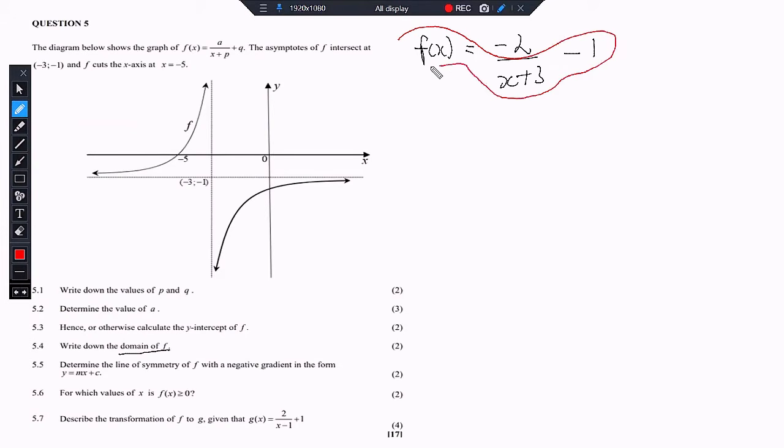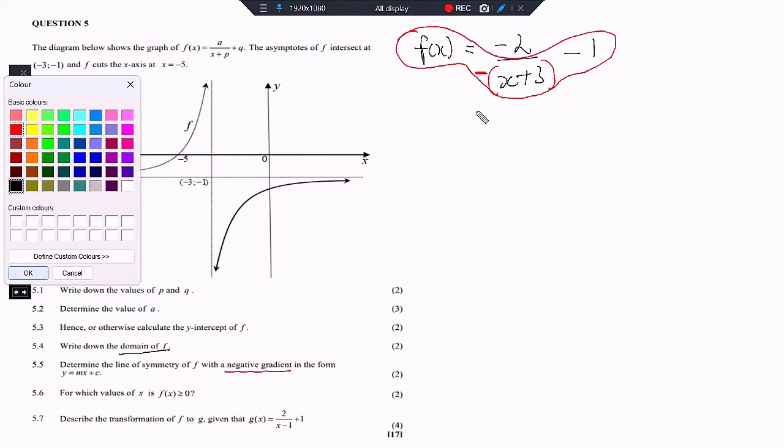Obviously you're going to write your f of x as y, but then since they're looking for the one with the negative gradient, you have to remember to put the denominator inside the brackets and have your negative outside here, because they're looking for the axis of symmetry with a negative gradient, right?